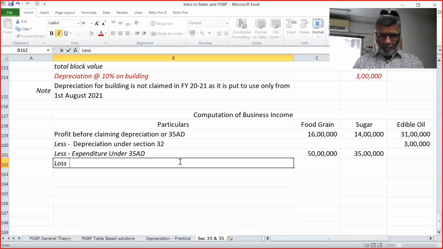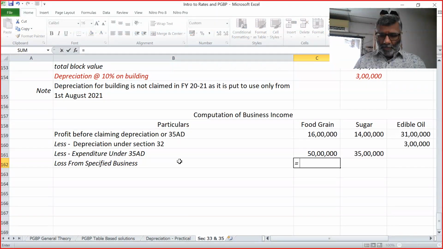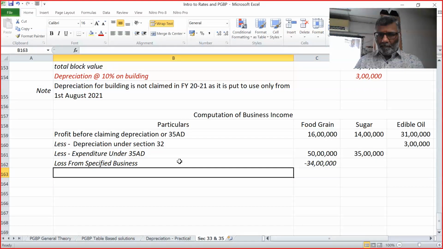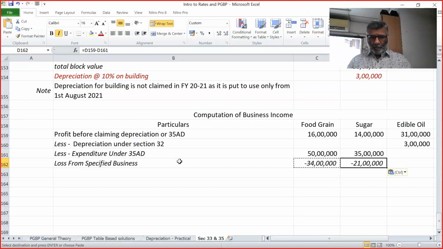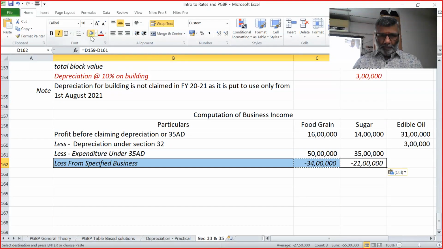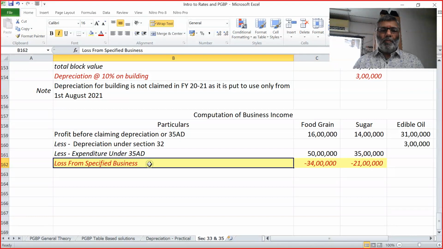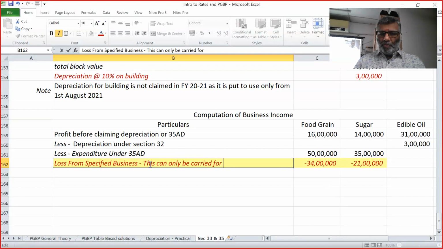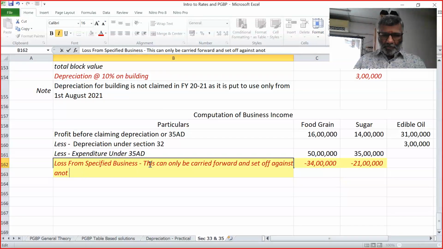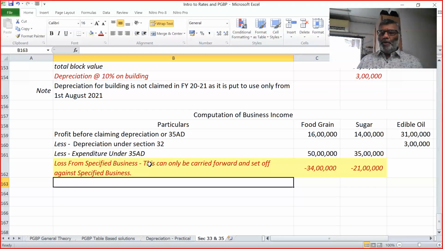Loss from specified business. This can only be carried forward and set off against another specified business. You cannot set off this loss against edible oil. It has to be carried forward.